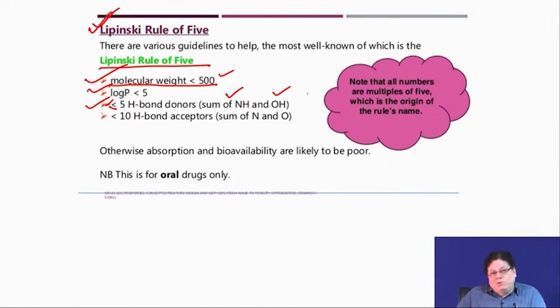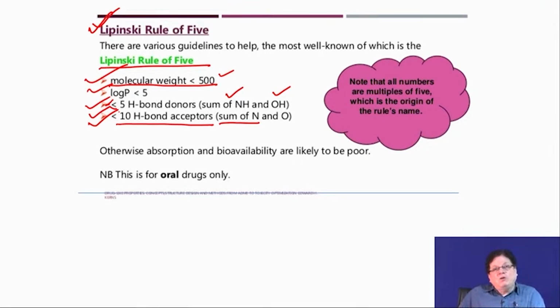It could be 4, but the threshold value is 5, and then 10 hydrogen bond acceptors. What are hydrogen bond acceptors? Nitrogen lone pair, free nitrogen, not NH, and oxygen lone pair. So, oxygen is a hydrogen bond acceptor, OH is a donor, NH is a donor, and a tertiary nitrogen is an acceptor. So, this is what is called Lipinski's rule.